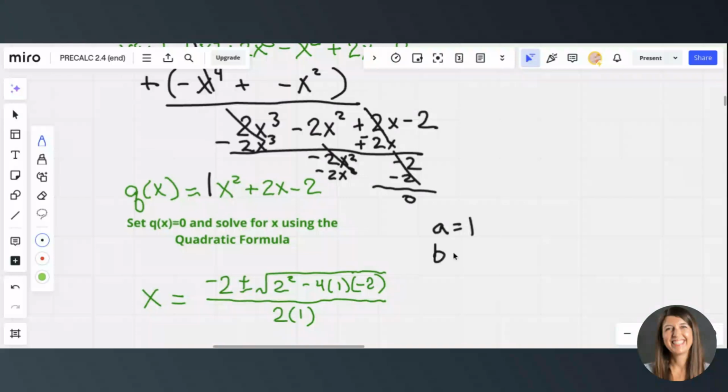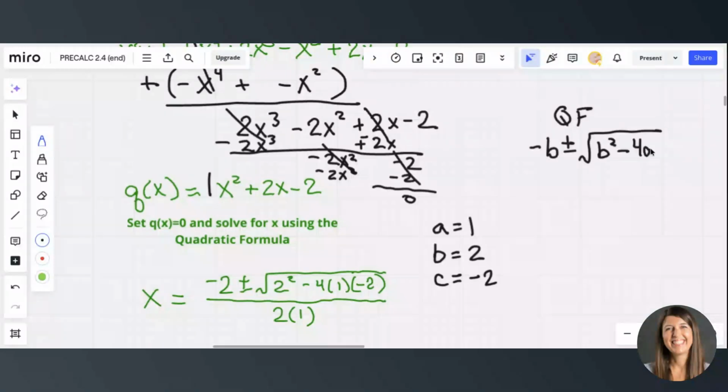B is 2, and C is negative 2. And the quadratic formula is opposite of B plus or minus the square root of b squared minus 4ac all over 2a. And this is what x equals when we solve this.